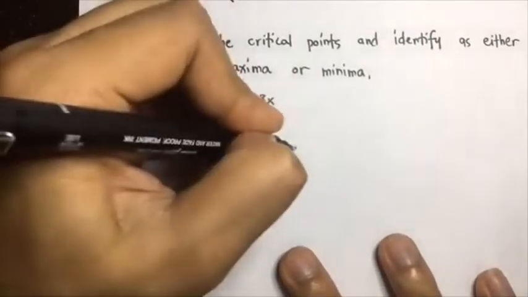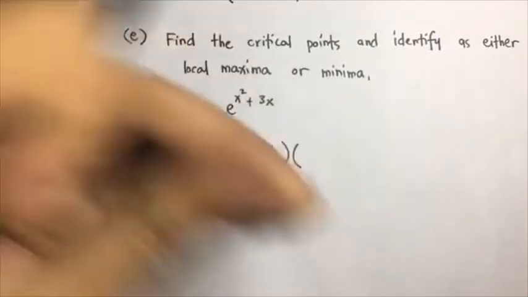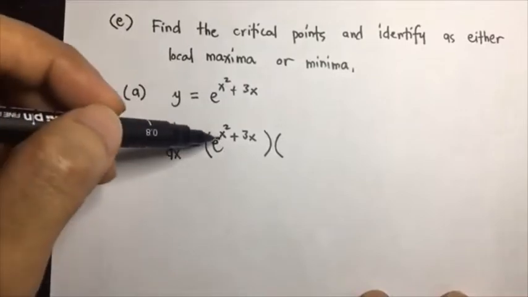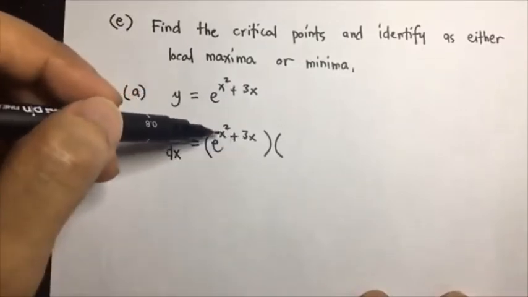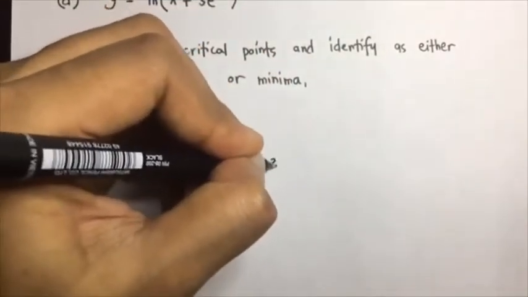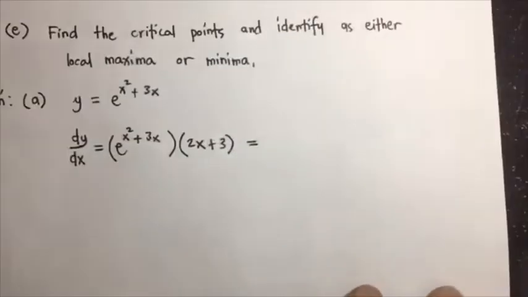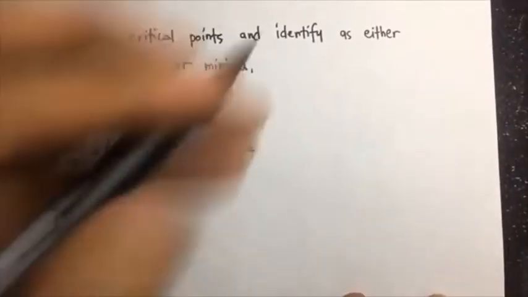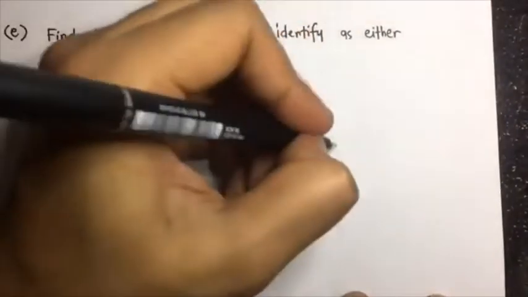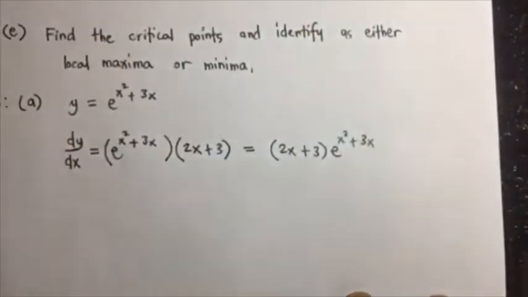Okay, and then multiply that with the derivative of the exponent. The derivative of x squared plus 3x with respect to x would be 2x plus 3. Okay, so therefore our derivative now is 2x plus 3 and then e raised to x squared plus 3x.